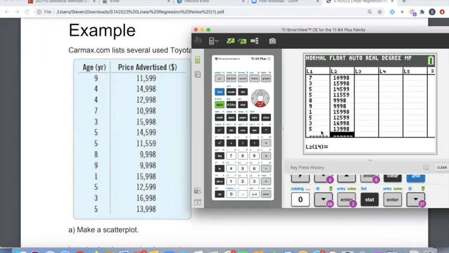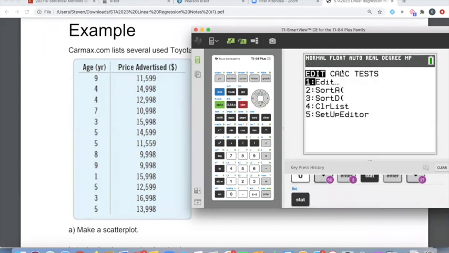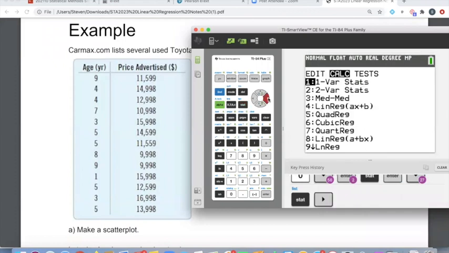Once you get everything in there, you're going to go here to stat, over to calculate, and down to number 8, linear regression. I know number 4 says linear regression also, and literally either one will work, but your book uses 8, and I want to be consistent with your book. So we're going to use number 8, linear regression.